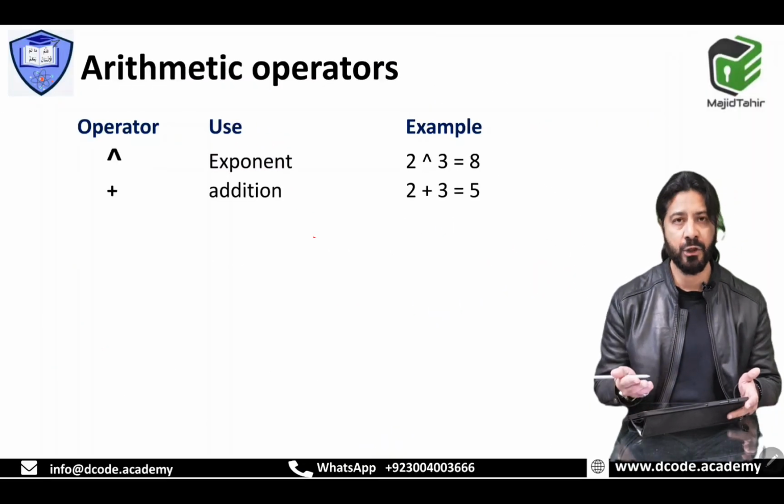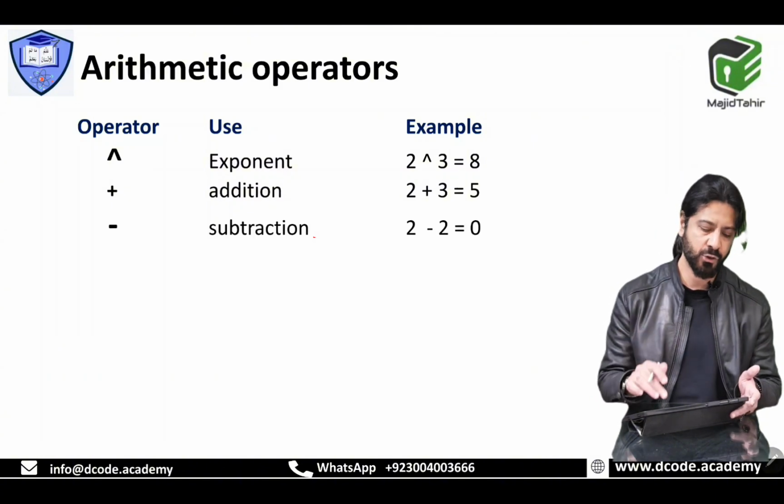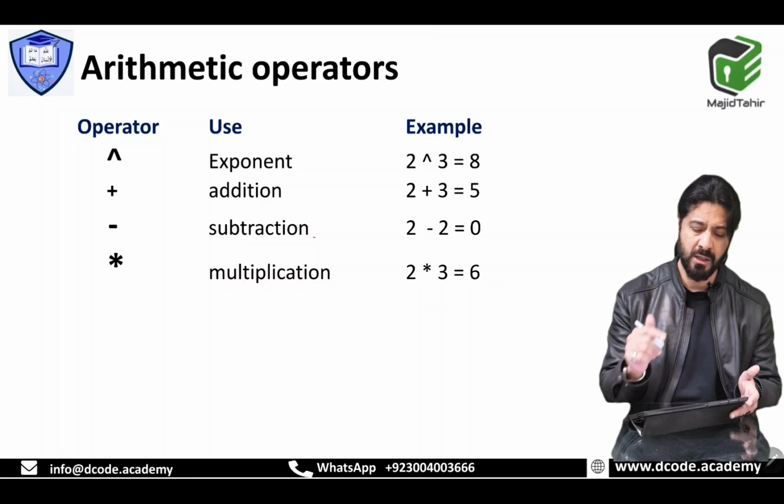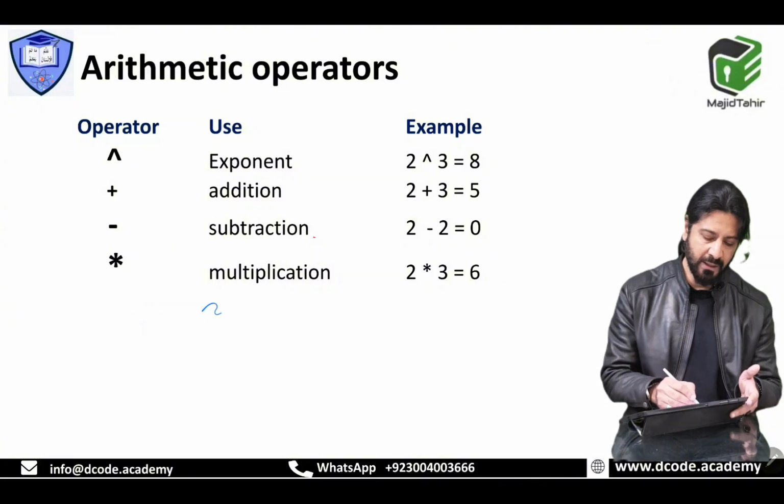Then we have addition, the same addition operator. Then we have subtraction, the same operator that is used in maths. Then we have multiplication. This is a little bit different from maths. The multiplication we use is the asterisk. In maths we write, for example, 2 multiplied by 3 is equal to 6.